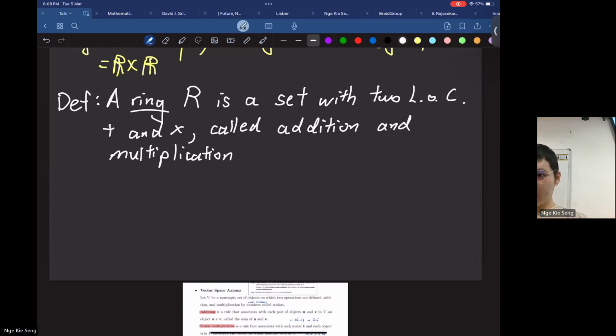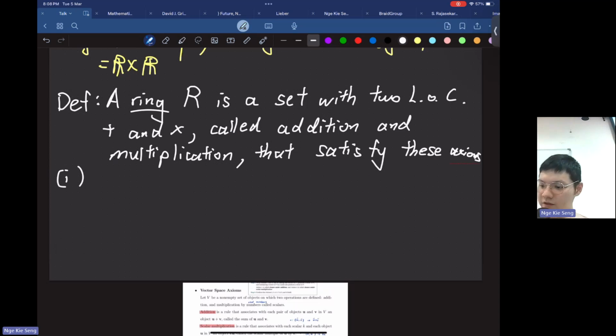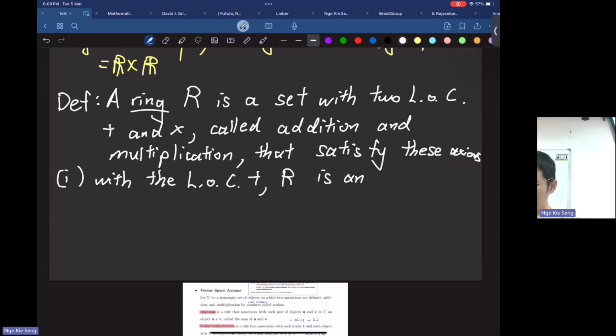Now, you have to satisfy three axioms. What do I want to control? First, I control the addition first. What do I want the addition to satisfy? My set should be an abelian group under the addition, with identity, we call it 0. Does the integer satisfy this property or not?